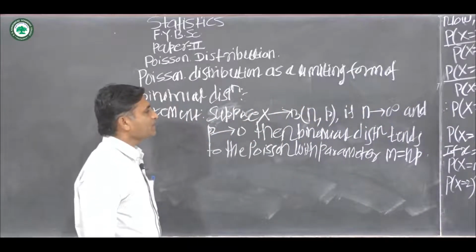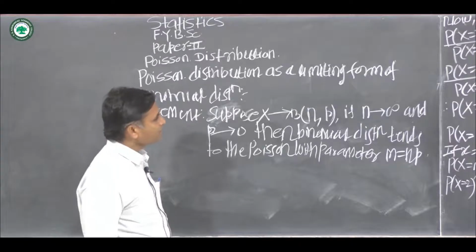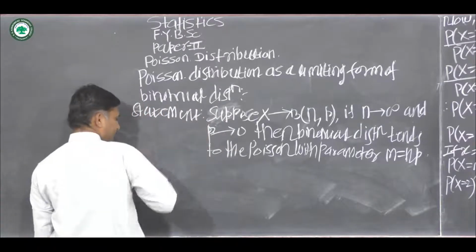M is the parameter of the Poisson distribution. Now we prove this result.